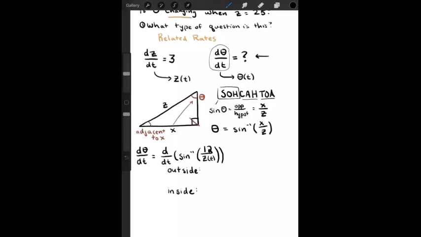What is the thing that something's being plugged into, and what's the thing that's being plugged in? Though for this particular instance, I'm going to use t, because that's the variable we're taking the derivative with respect to. All right, so the outside is sine inverse of t. So what's being plugged in?